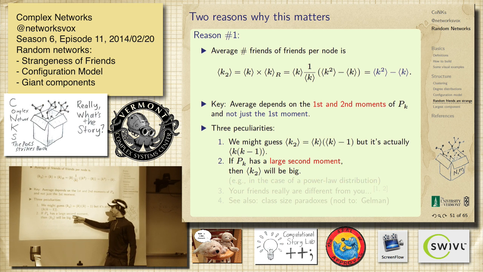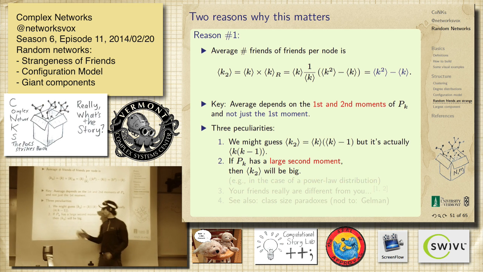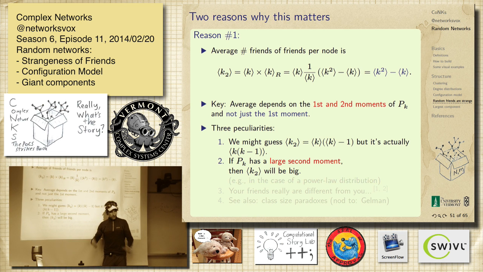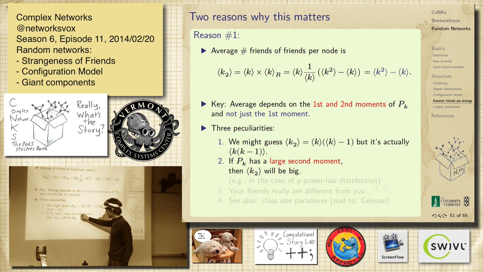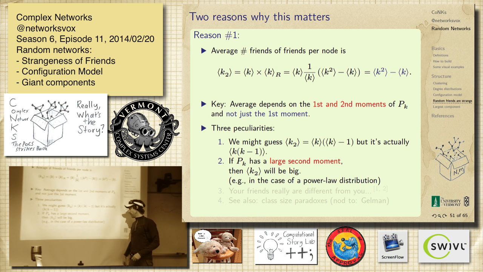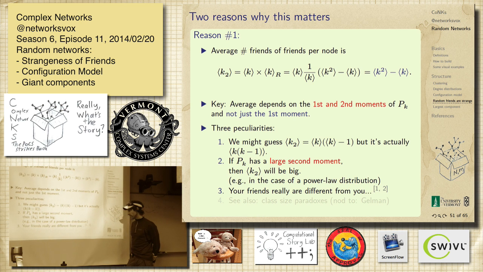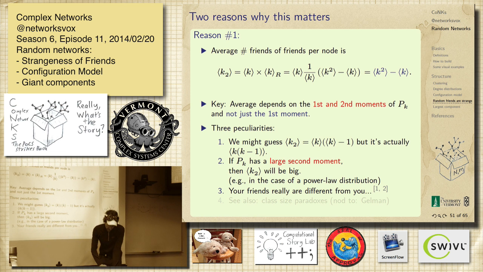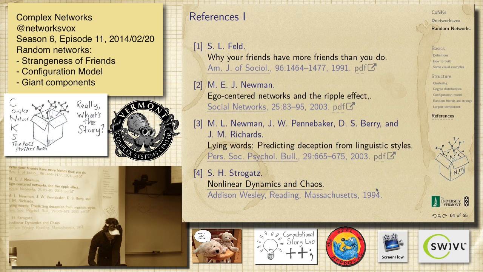As I said, if the underlying degree distribution has a big second moment, a large variance, which happens a lot with scale-free type networks, power laws, then this can be huge. And so, unfortunately, your friends really are different from you. There are some old papers on this. There's this one by Feld: why your friends have more friends than you do.